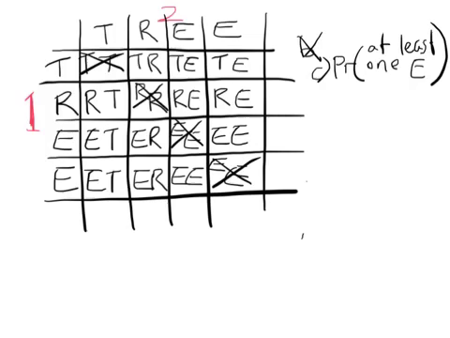Now, we do, as we did before, we look through our table of outcomes and we count up how many of these outcomes have an E in them. So we have a look and we say to ourselves, okay, there's 1, 2, 3, 4, 5, 6, 7, 8, 9, 10.